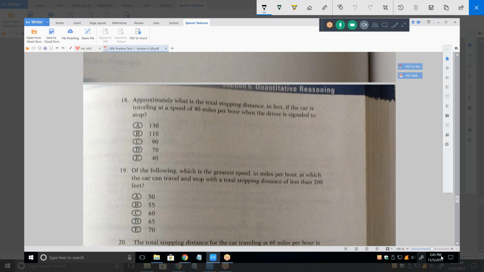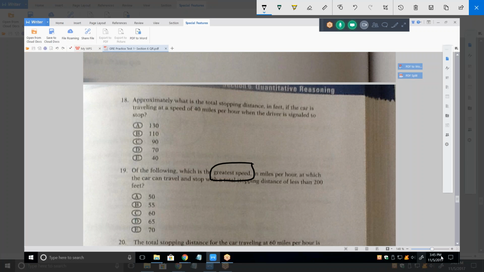So clearly we've got some additional speed we can go without taking more than 200 feet to stop. Right. So if we're going to back solve this, in other words, by taking the answers, plugging them into both charts and figuring out how far we go, where do we want to start? Which answer? The middle?